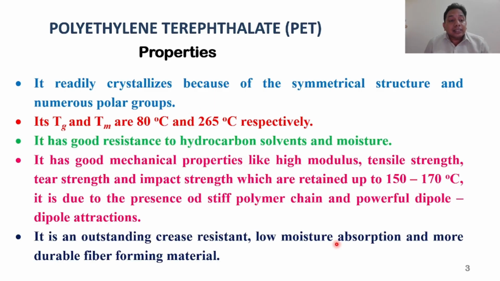It is an outstanding crease resistant, low moisture absorption and more durable fiber forming material, and it has some other properties. You can see it is a crystal clear polymer with good purity and hygiene. You must have seen the sparkling PET bottles with brilliant glass-like clarity which attract us.